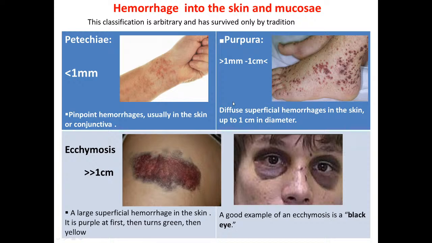A large superficial hemorrhage in the skin is purple at first, then turns green, then yellow. A good example of an ecchymosis is a big black eye.